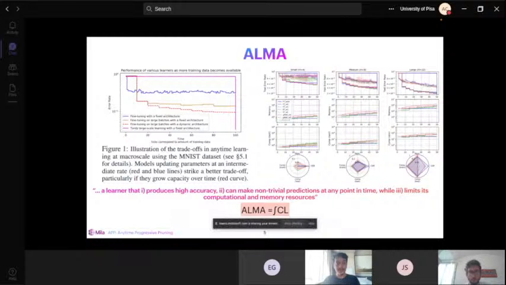So let's only look at the magenta line and the blue line. The magenta line here states that if you do not train throughout the whole stream and keep collecting the data, and you train at a single point of time after you've collected all the data, that is what is called a tardy classifier.